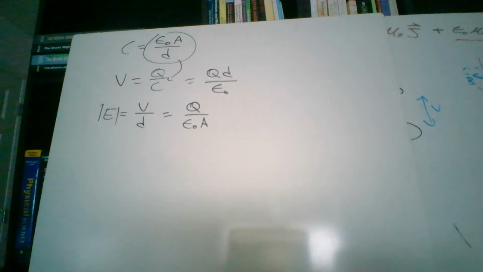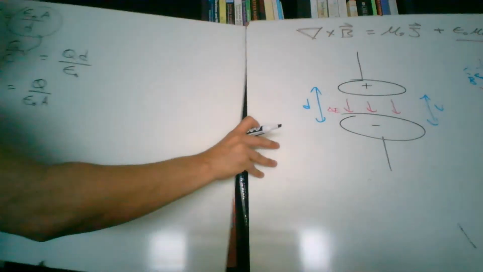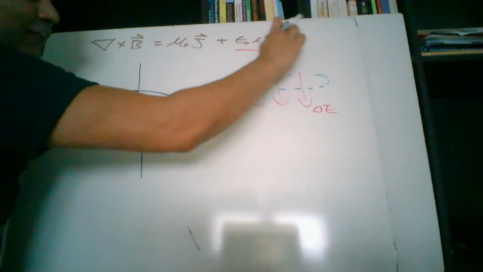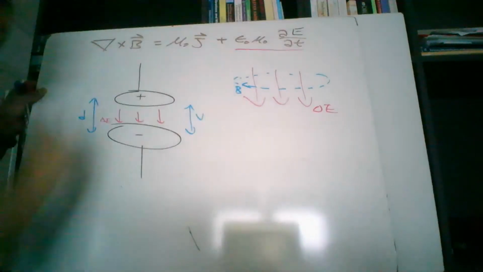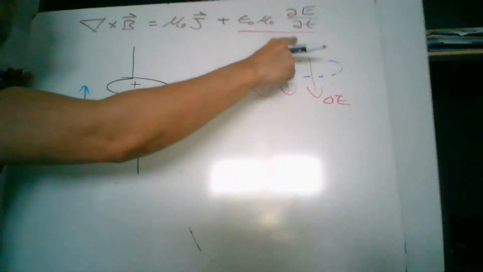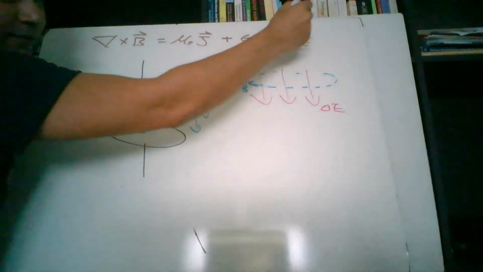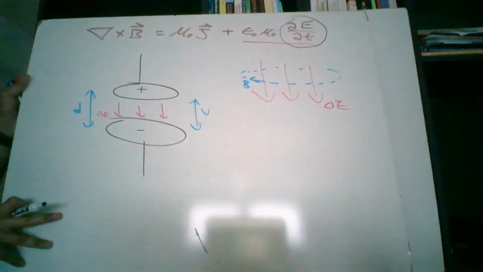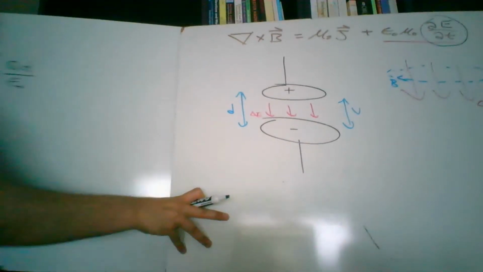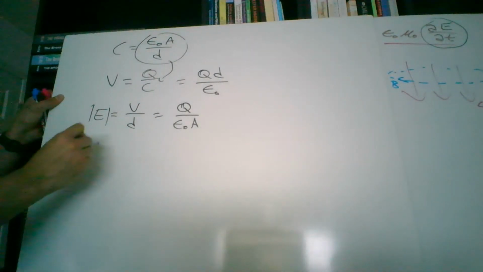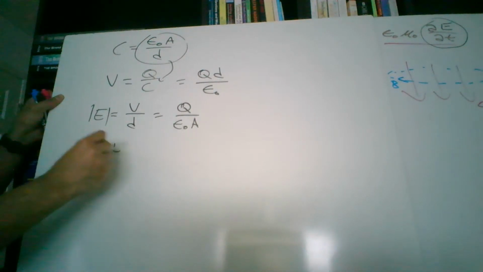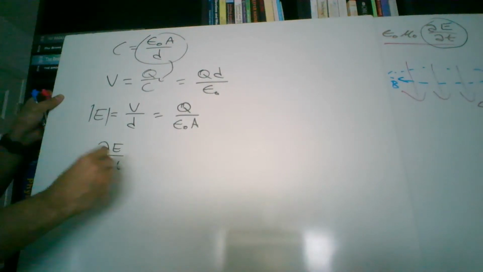Now, why do I want to know the electric field? Because I wrote this wrong. That should be electric field. Magnetic field is the change in electric field. Because I want to do this right here. That's why. I want to take that term right there. So what I'm going to do is take the derivative of this, the partial derivative with respect to time.